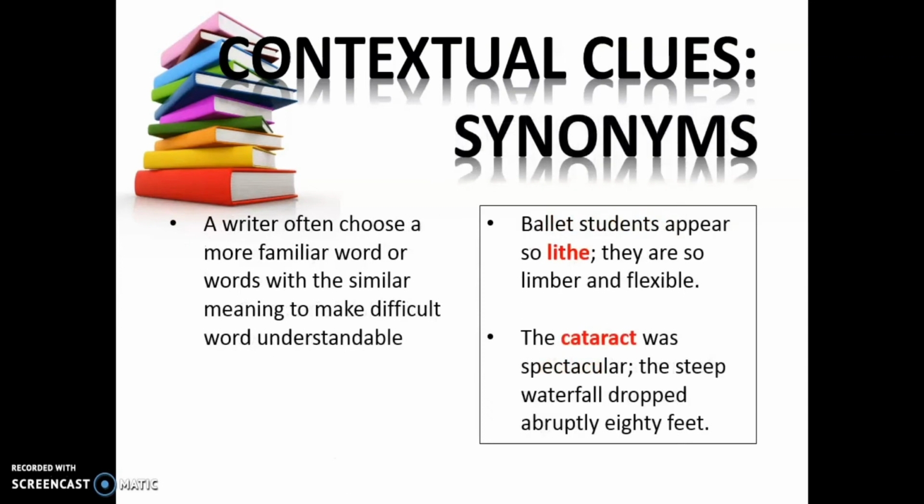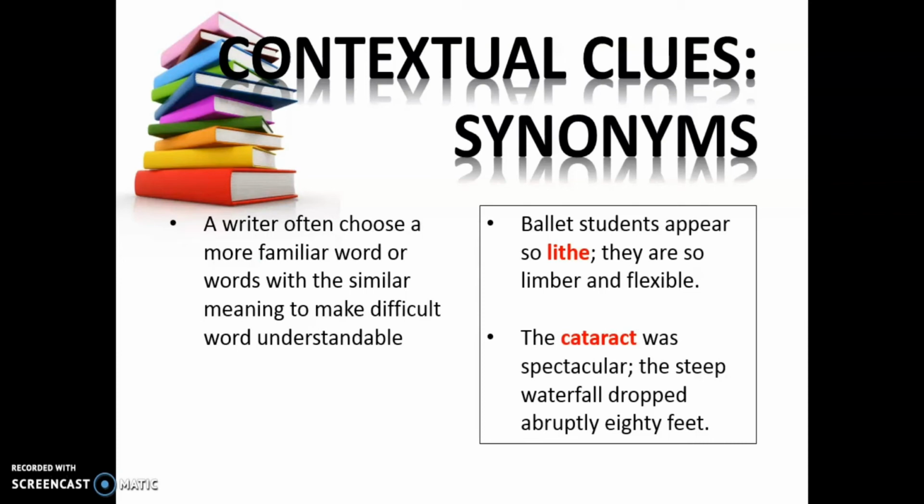Synonym. A writer often uses a more familiar word or word with a similar meaning to make a difficult word understandable. For example, in the first statement, ballet students appear so lithe, they are so limber and flexible. This is your first time encountering this word.